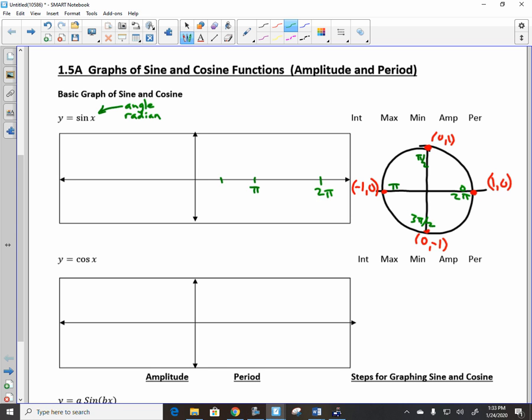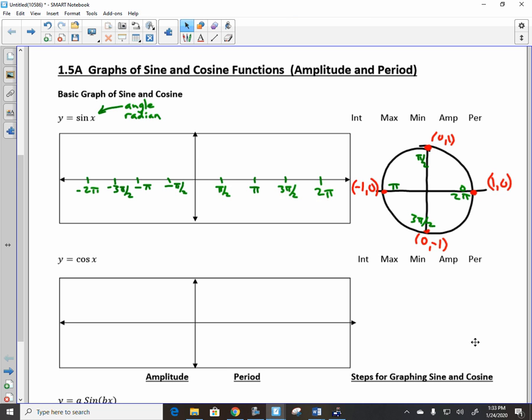If I divide that in half, I get pi over 2. Those represent my 4 quadrants. I'm going to mark the same thing on the other side. -2 pi, -pi, -pi over 2, -3 pi over 2.